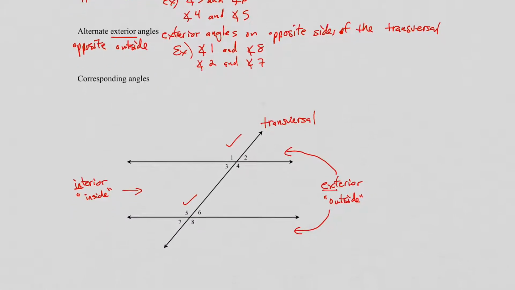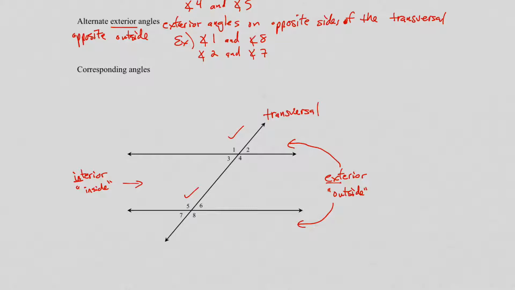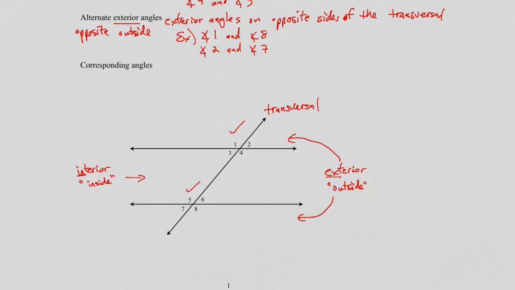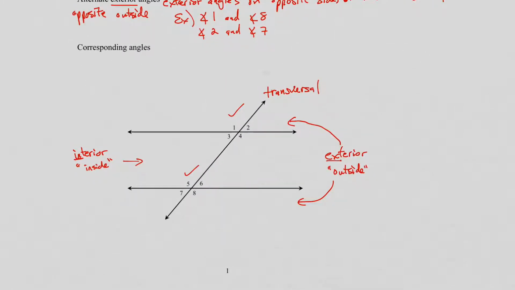So now let's take a look at corresponding angles. Corresponding angles, basically, they're in the same position in both groups. So for example, here's a group and here's a group.